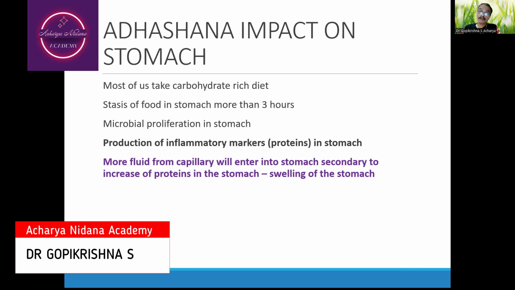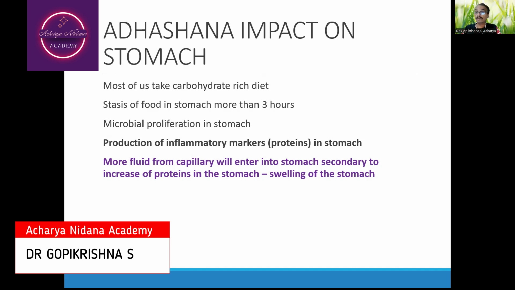When this is happening, more fluid will be entering from the capillaries of the stomach into the stomach. Thereby, this is responsible for the increased volume of the stomach. Later, because of the gastric mucosal damage, the intermediate molecules or macromolecules present at the wall of the stomach are entering into the capillary of the stomach.